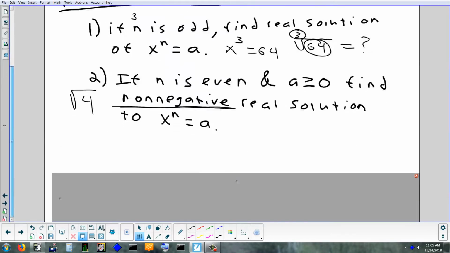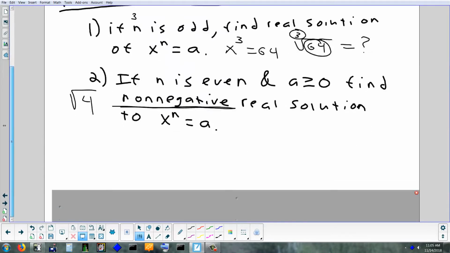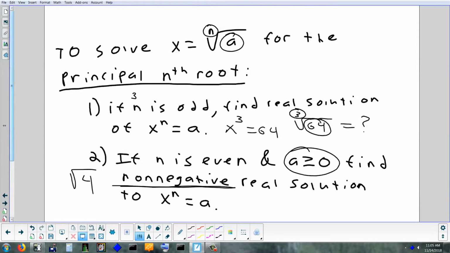Okay, so any questions on that one? Now, the other thing I wrote right here is a has to be greater than or equal to 0. So for square roots, just as an example, but it works with any even root, why does the thing you take the root of have to be greater than 0? What would happen if it wasn't? Yeah. You get non-real numbers, you would get imaginary.